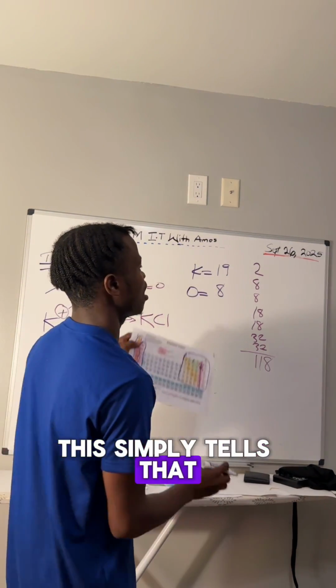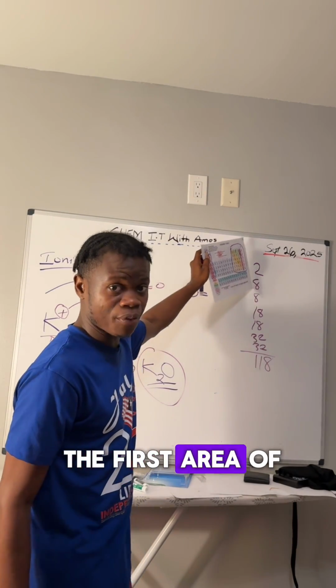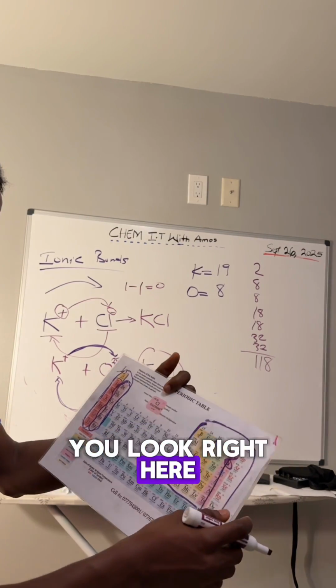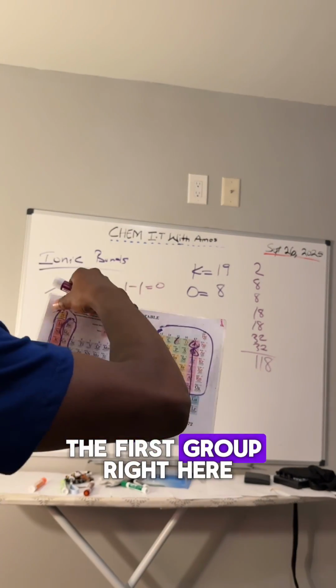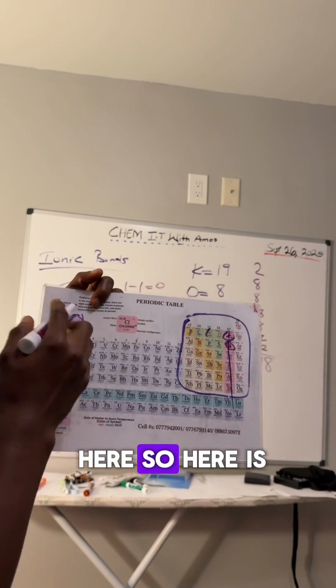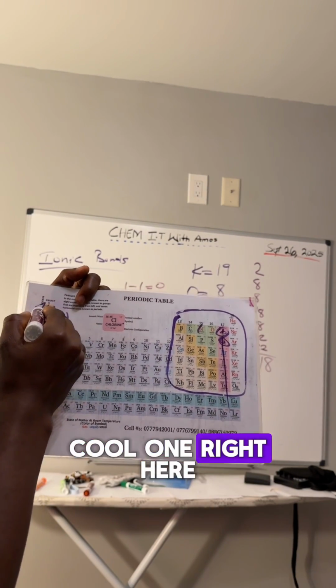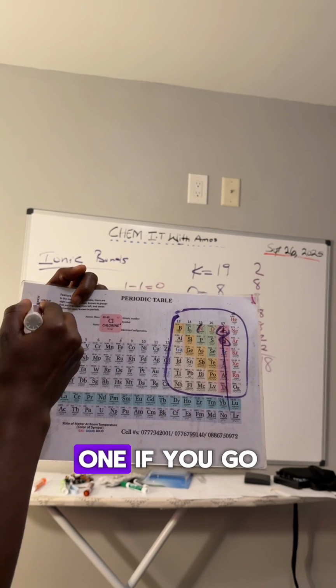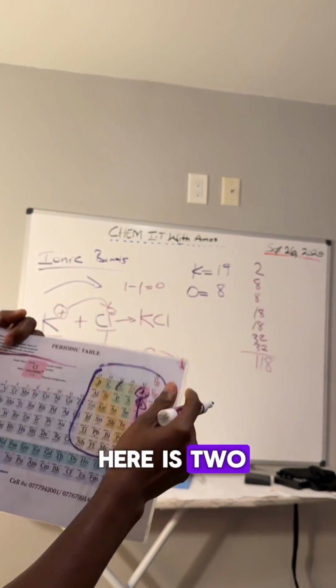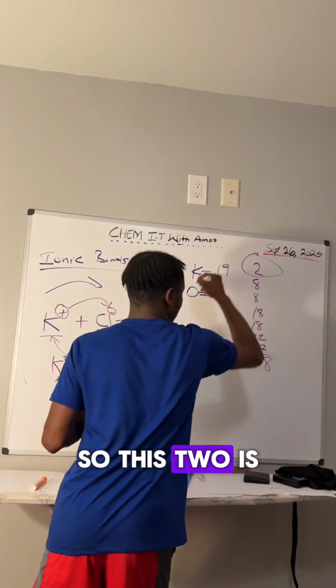This simply tells us that the first area of the periodic table contains 2 elements. If you look right here, the first group, group 1, has 2 elements. If you go this way straight, it's 1, here is 2.